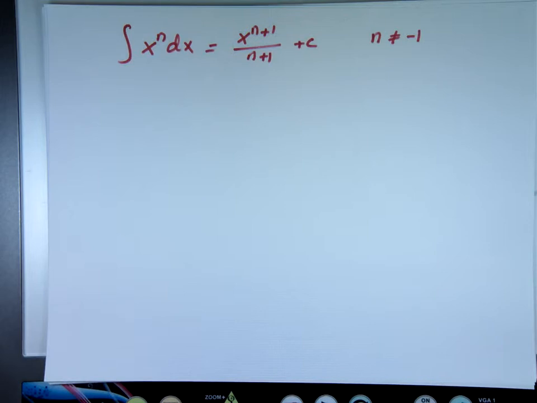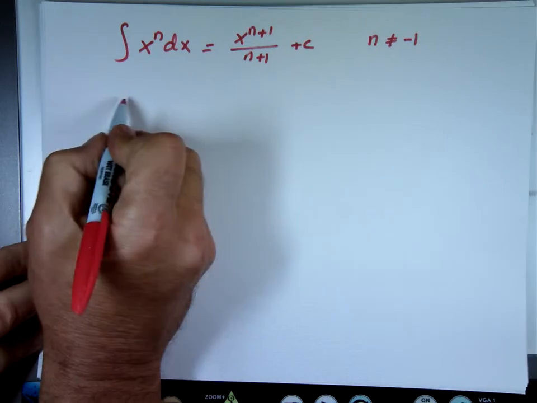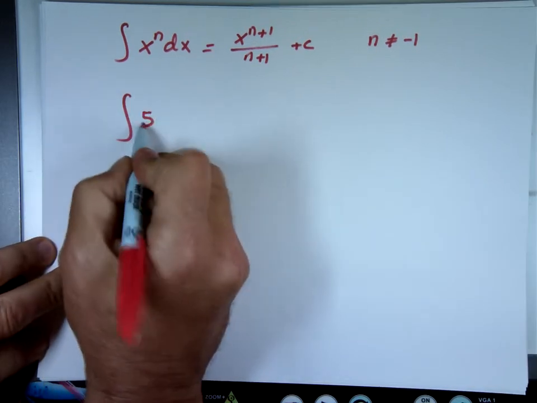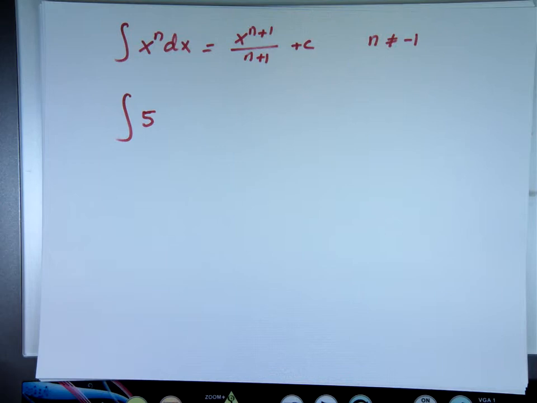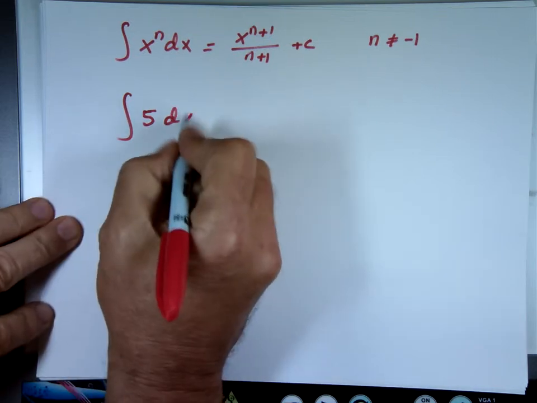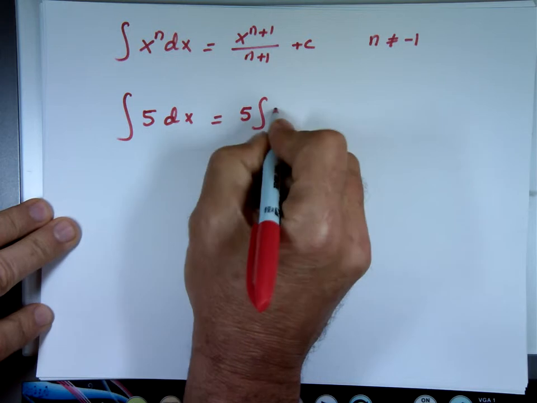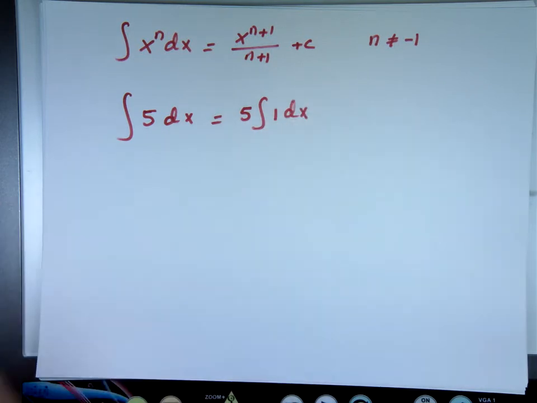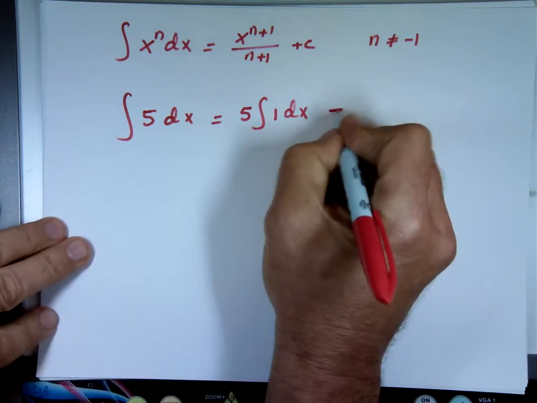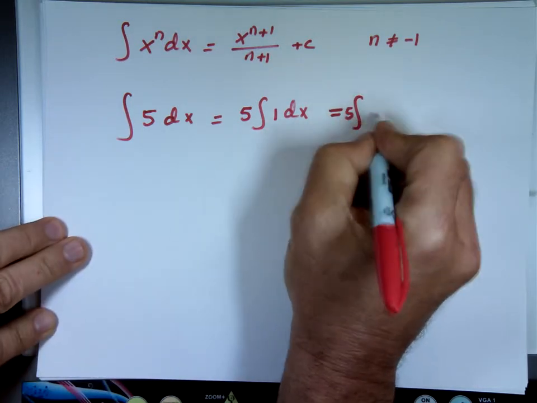So what about if you have a constant? So what's the integral if we gave you 5, for example? Any constant. We know the derivative of 5 is 0, but not the integral. If you want, you can write that as 5 times 1, right? And I can write the 1 as what? There's the 5. The 1 is x to the 0.